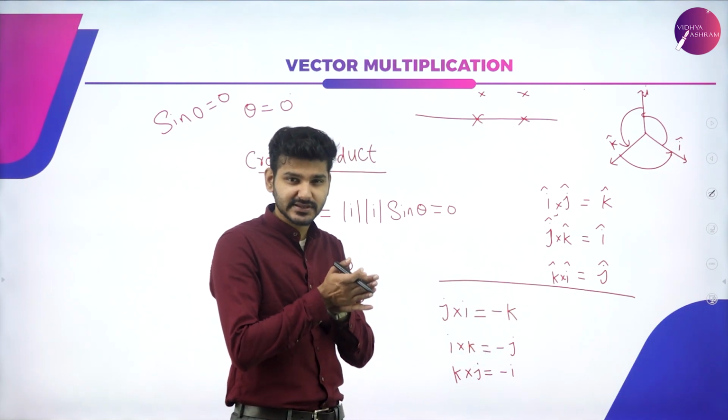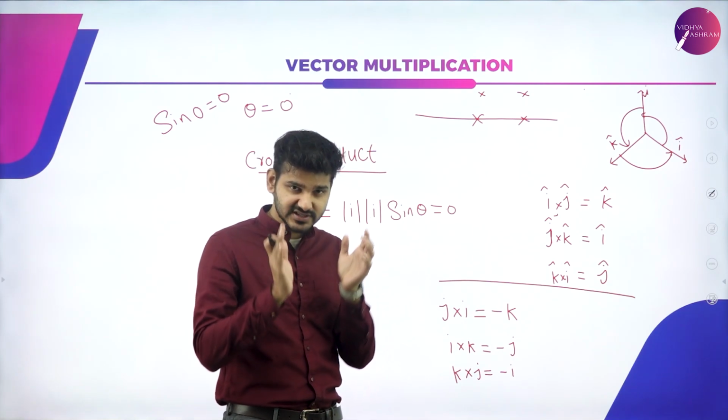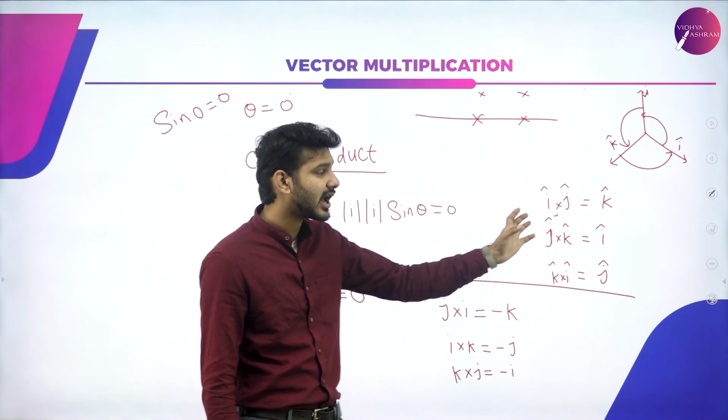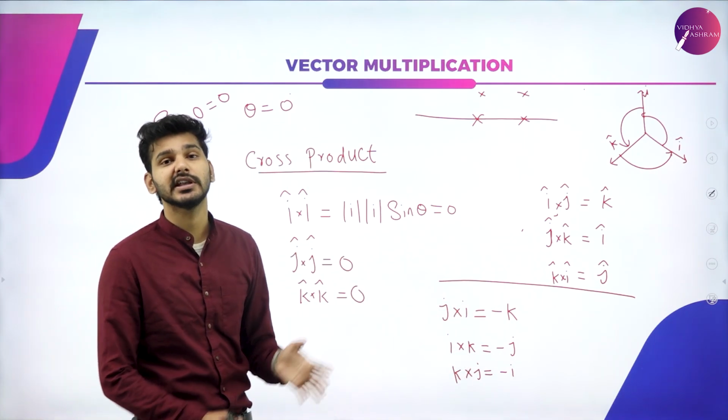How this happens is a long story, so I'll show it to you very shortly. Don't worry about it. Just for now, remember that this is how we will get results if we take the cross products and dot products of these particular quantities.